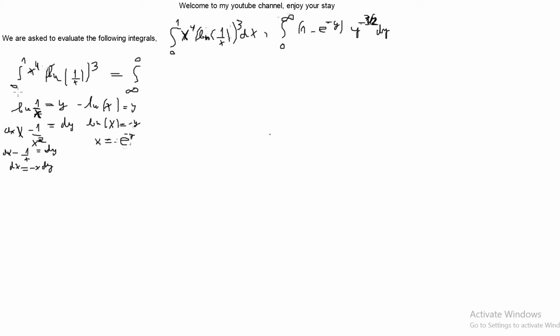When we plug x here, we get e to the minus y raised to the power of 4, and ln of 1 over x is replaced with y, so y to the power of 3, and the dx is negative x, we solved for it, so it's e to the negative y dy.